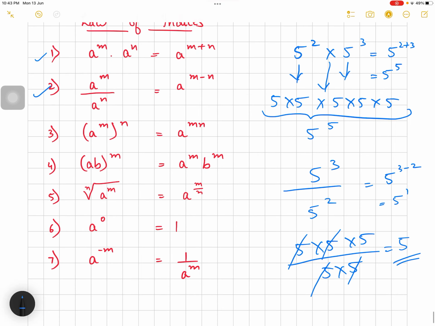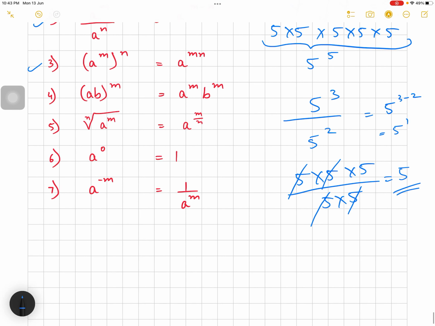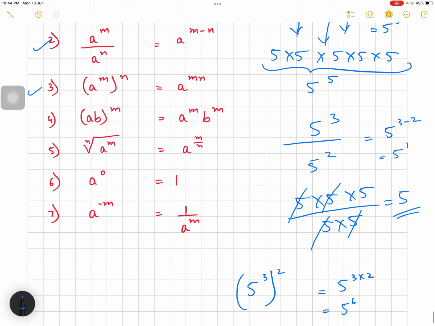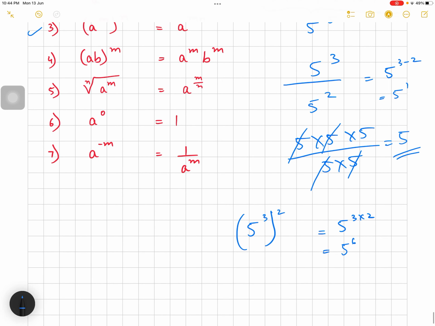Now this is the third law. a raised to m the whole raised to n is equal to a raised to m into n. So suppose 5 raised to 3 the whole raised to 2 is equal to 5 raised to 3 into 2, which is 5 raised to 6. This is what I'm trying to say, right?